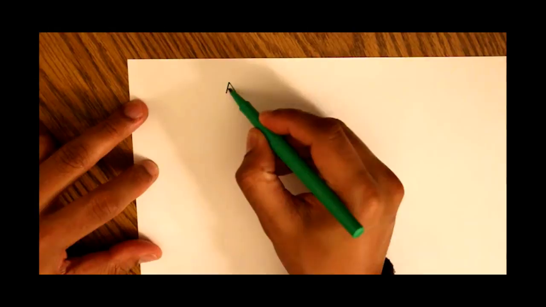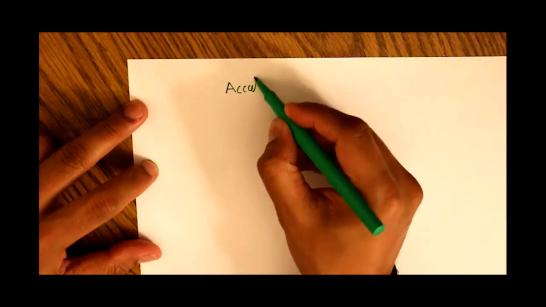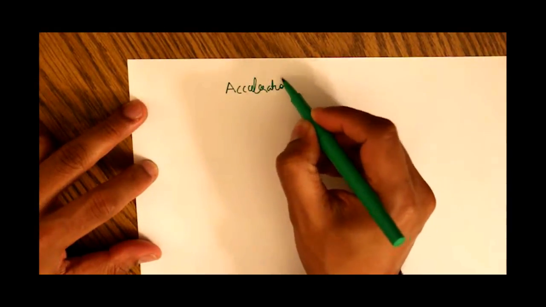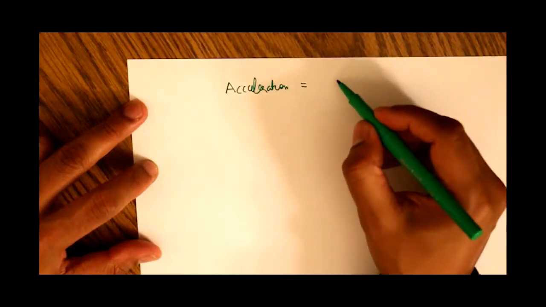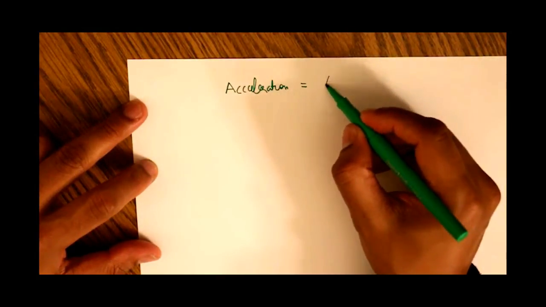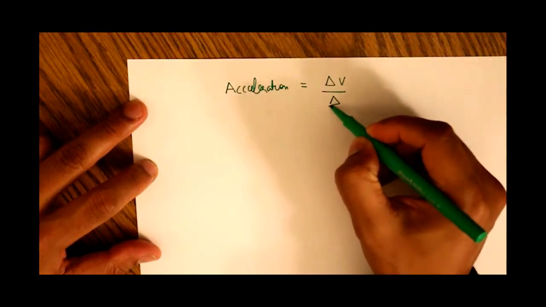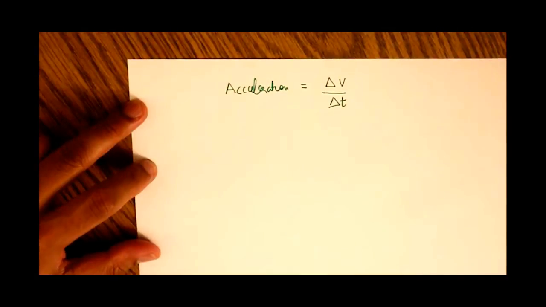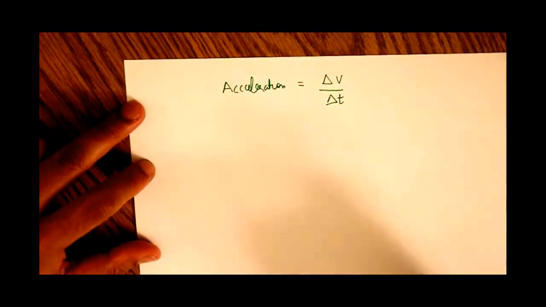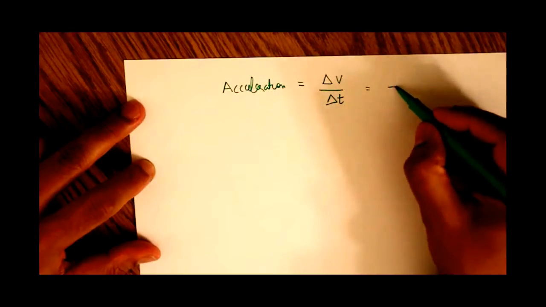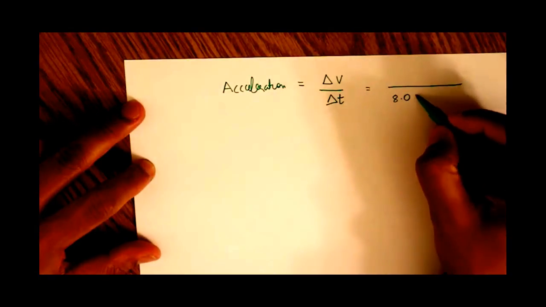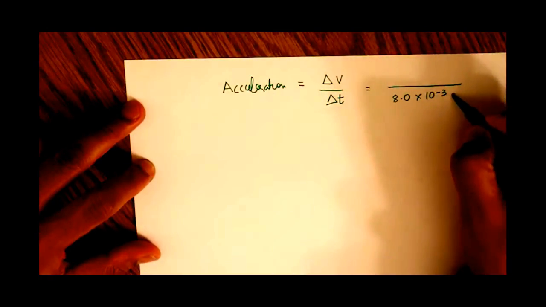So we know that acceleration A equals the change in velocity over the change in time. The time was given to us as 8 milliseconds, so 8.0 times 10 to the negative 3 seconds.